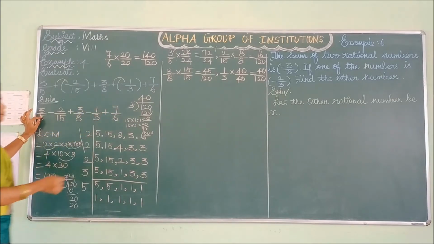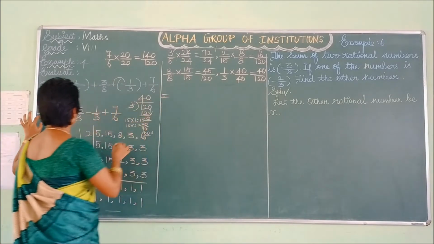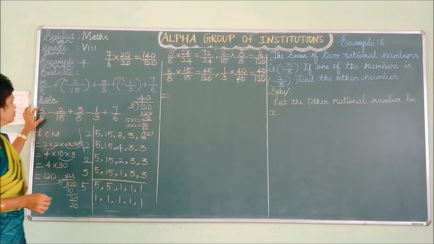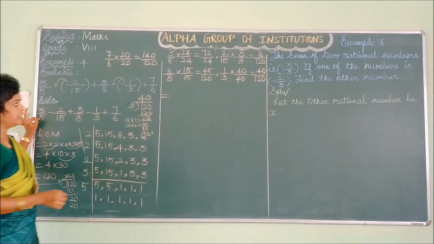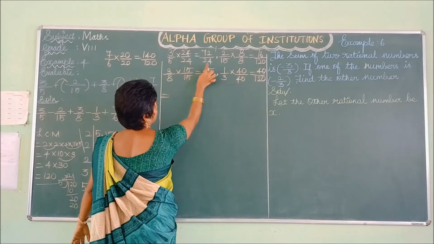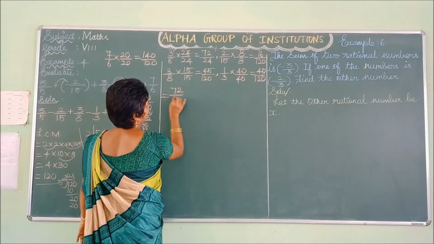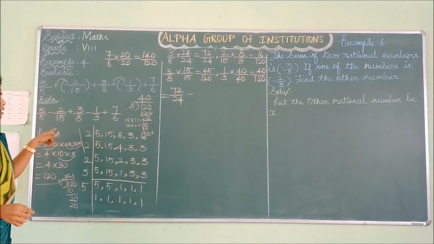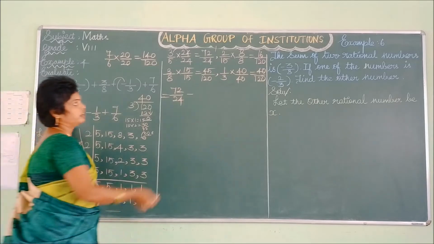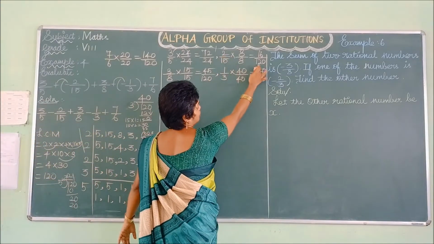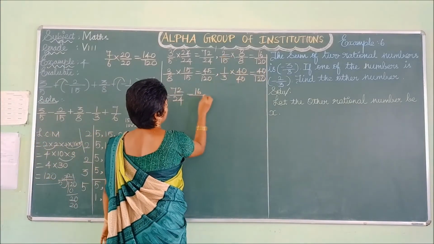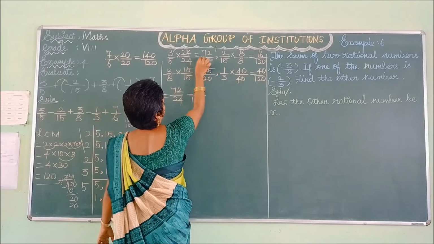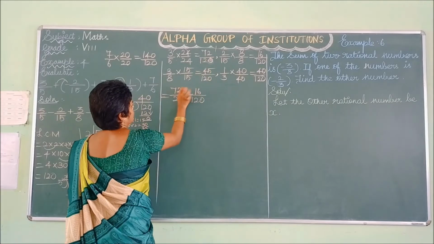So write. Here you can write, first write this question and then put equal to and write the equivalent fraction. What is the equivalent fraction for 3 by 5? The 3 by 5 equivalent fraction is 72 by 120. Then here the sign is negative, so put that negative sign. 2 by 15, the equivalent fraction is 16 by 120.